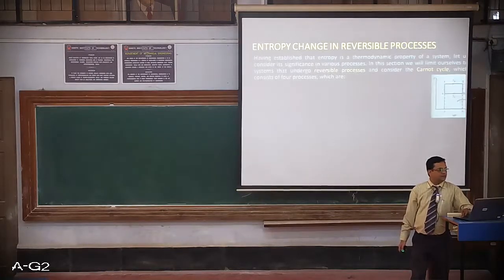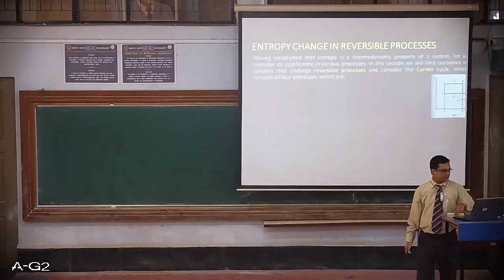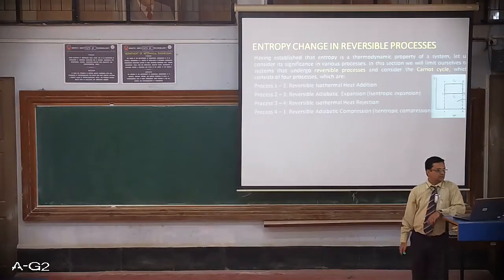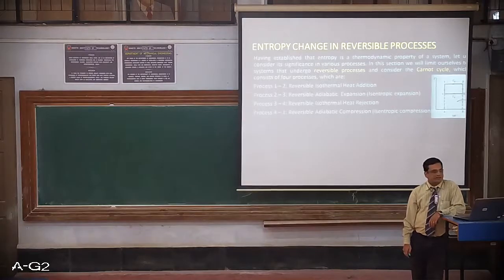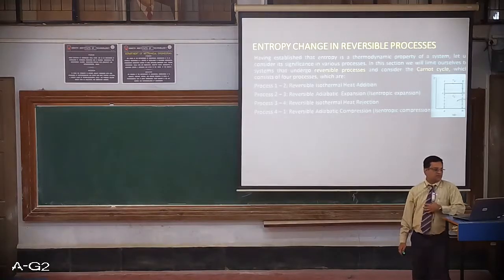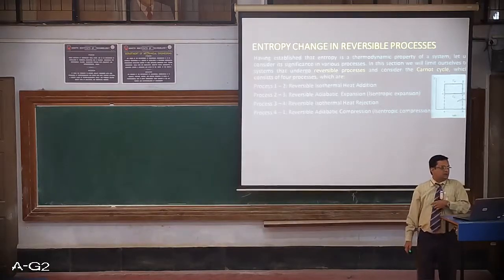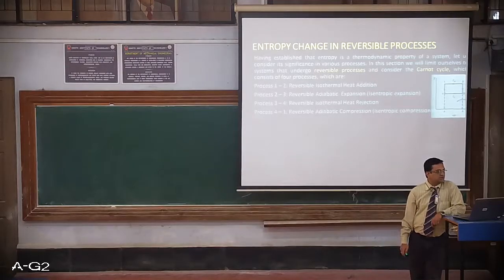And we discussed the Carnot cycle, and as you know, the cycle consists of 4 reversible processes: reversible isothermal heat addition, reversible adiabatic expansion, which is also known as isentropic expansion, then reversible isothermal heat rejection and reversible adiabatic compression.